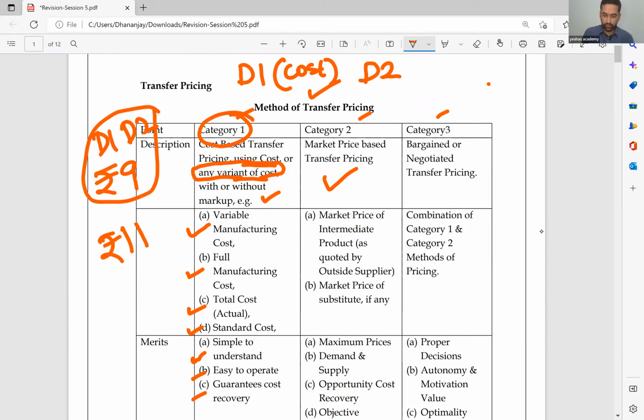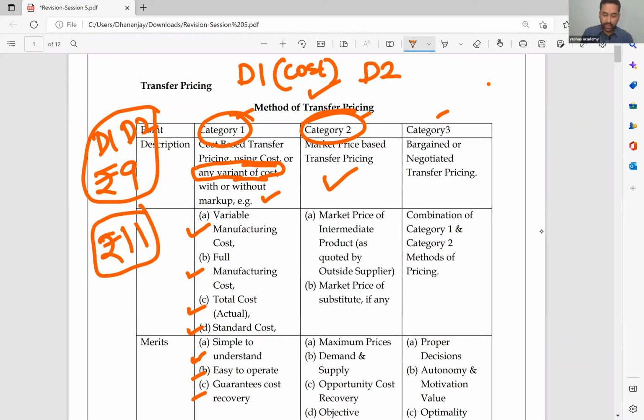But if you go by category 2, then it will go at market price, that is 11 rupees. Here one advantage is department 1 can either sell it outside or transfer it to department 2, but they are happy because they are getting market price whether they sell it inside or outside.